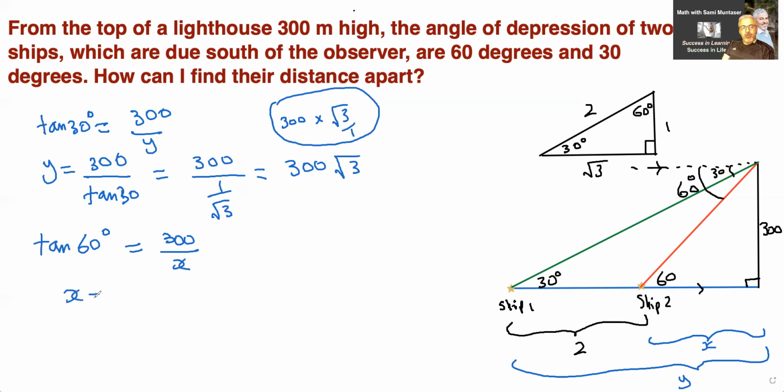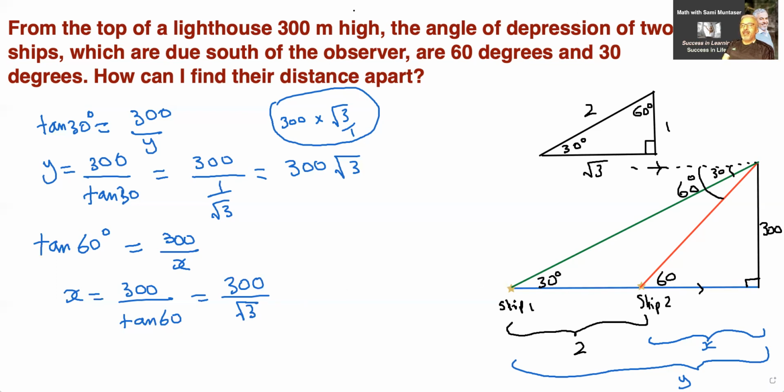So x equals 300 divided by tan 60. Tan 60 is opposite over adjacent, so it's root 3 over 1, just root 3. So this is what x is.